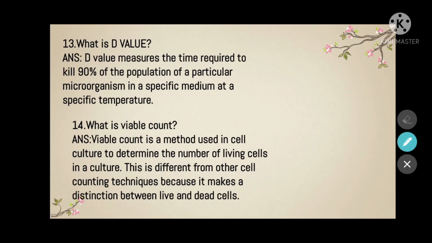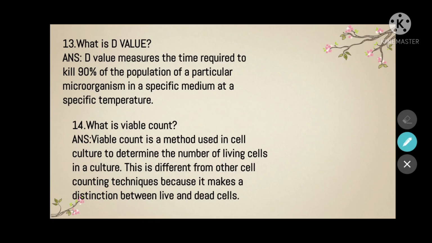Now the 14th question, what is a viable count? Viable count is the method used in cell culture to determine the number of living cells in a culture. We have to determine the quantity of cells present in the culture.